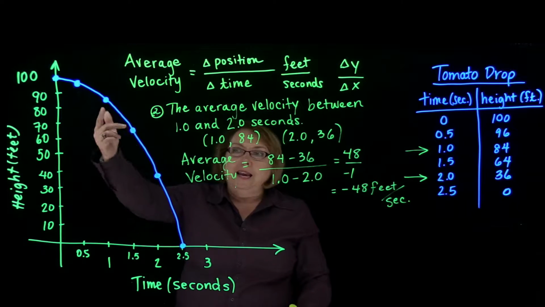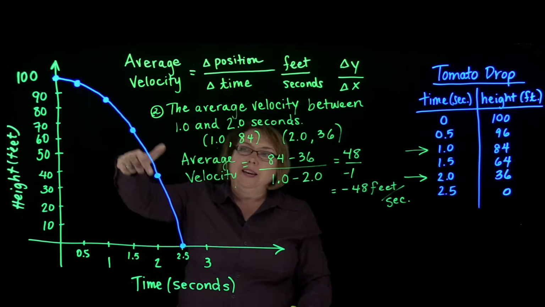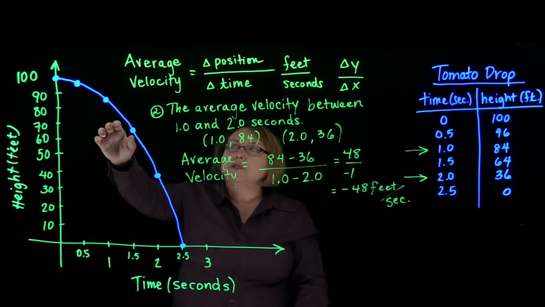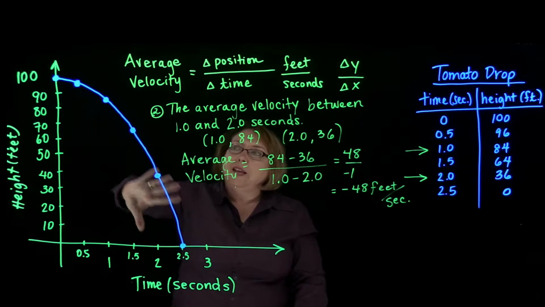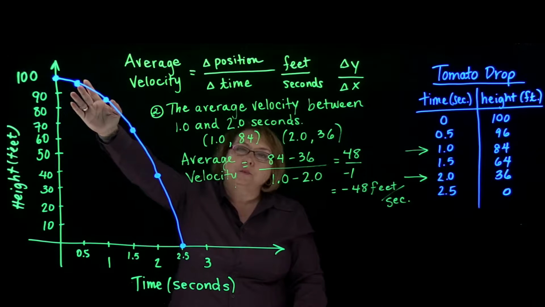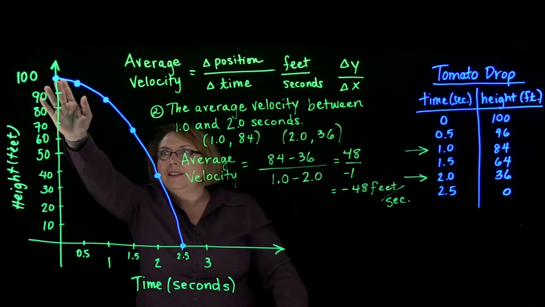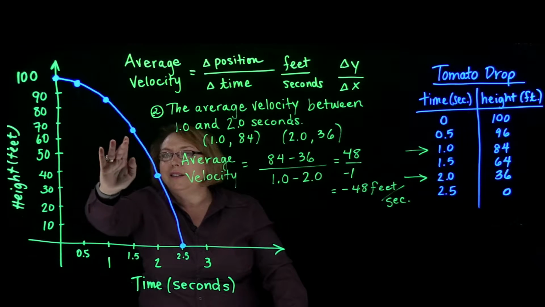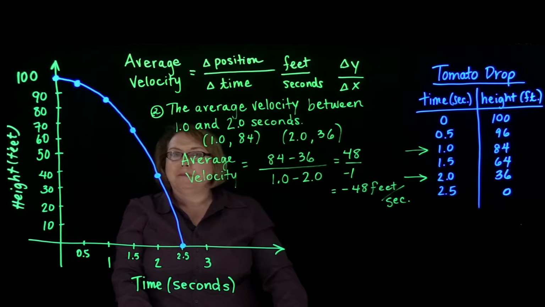The velocity is negative, again, because it's going down, and it was moving faster at this point than it was for the whole thing because, once again, the tomato's starting slow and then it increases its speed.